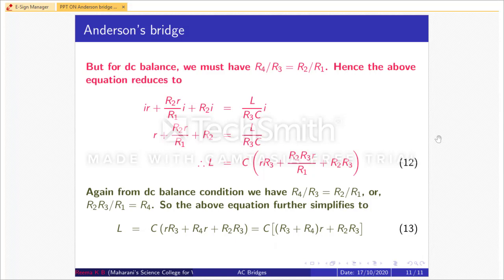Therefore, the above equation further simplifies to L is equal to C times R into R3 plus R4 times R plus R2 into R3, or L is equal to C times within the bracket R3 plus R4 times R plus R2 into R3. Thank you.